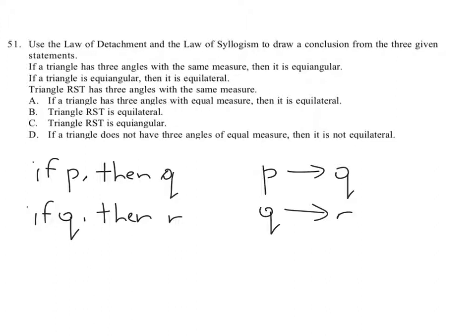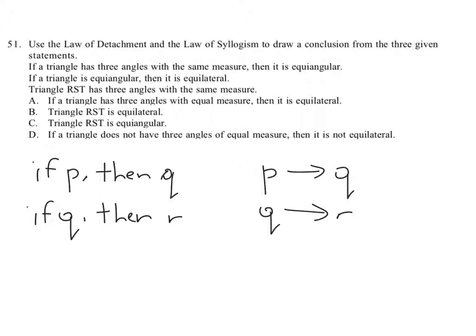So the law of syllogism says, if P then Q, and the next one, the conclusion of one is the hypothesis of the other, you can take out the middleman and just say P leads you all the way through Q right to R. P implies R. Or if P, then R. Okay, that's the law of syllogism.